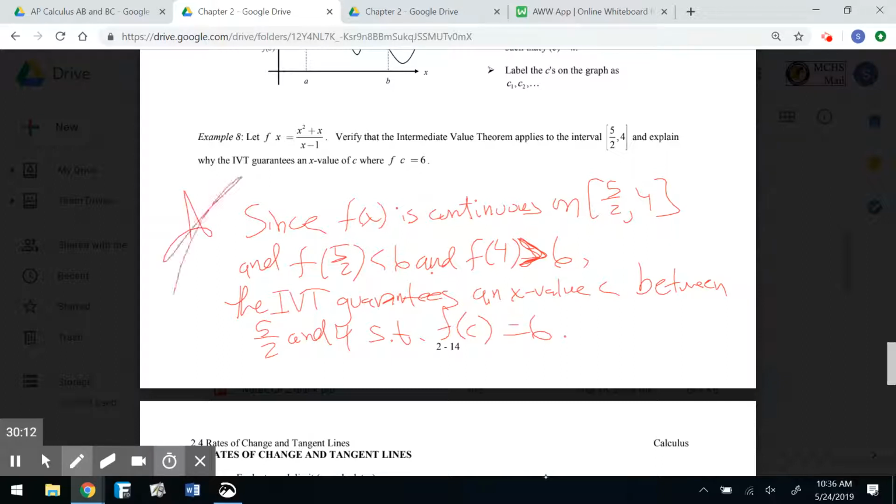Now, anything in your practice that deals with the IVT, get good at writing that statement. You'll thank me at the end of the year.